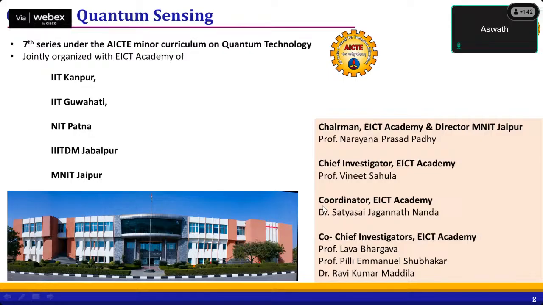And moreover, it's advanced stuff, not just the fundamentals. It's advanced sensing, a field which is going to pick up very soon after communication. So those who are interested, please keep an eye on this field.